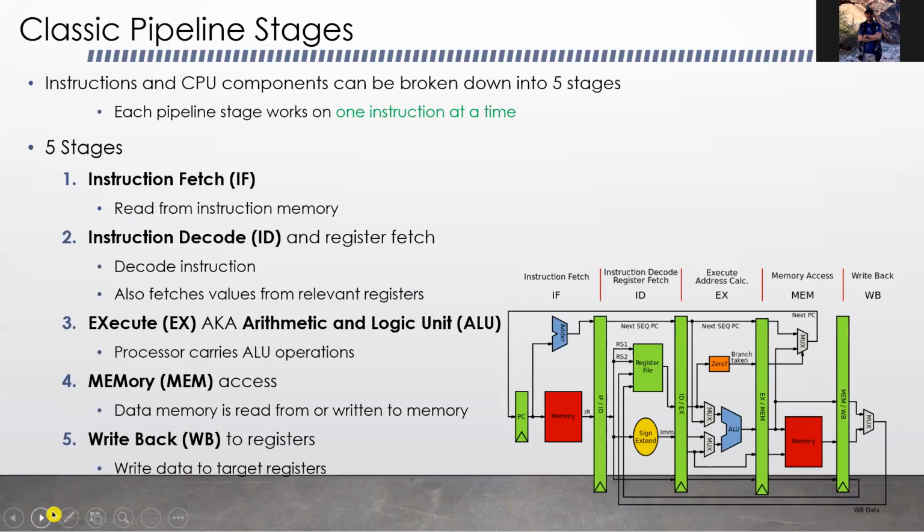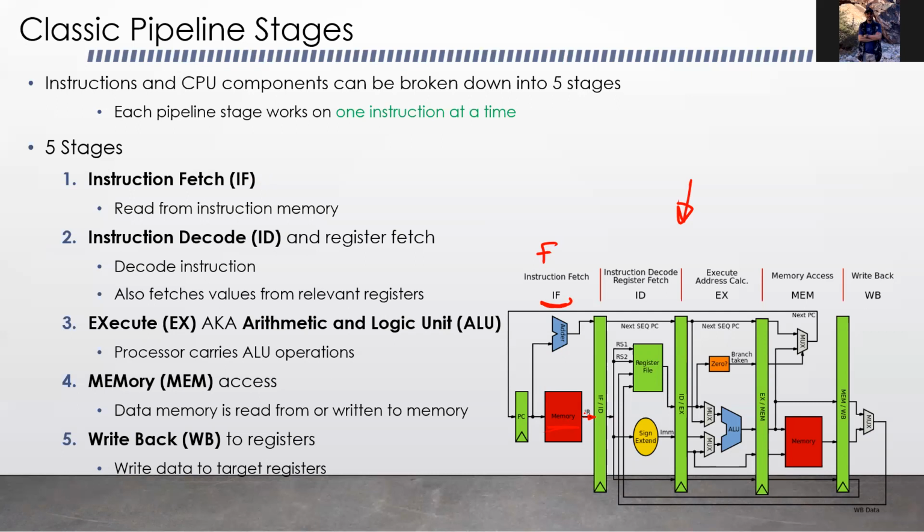One practical example is the 5-stage pipeline, in which your processor can be divided into 5 stages, basically starting with the instruction fetch stage. So here is an example of a processor. You don't need to memorize this sketch. This is just for illustration. In the instruction fetch, or simply fetch, you fetch the instruction from the memory and put it on the instruction bus.